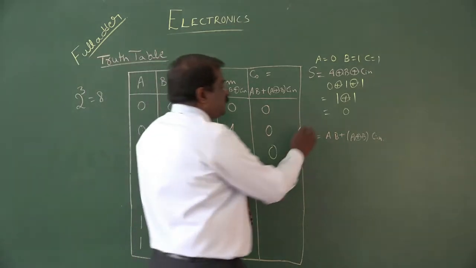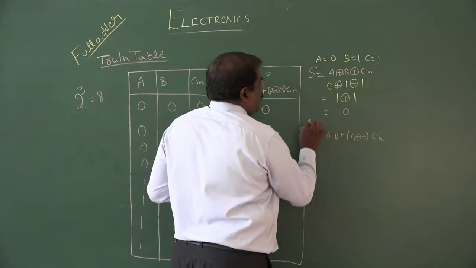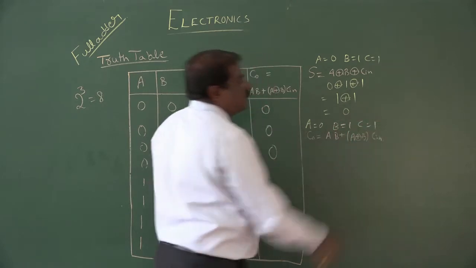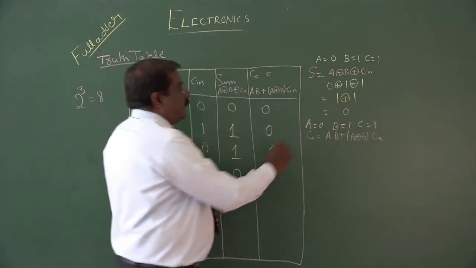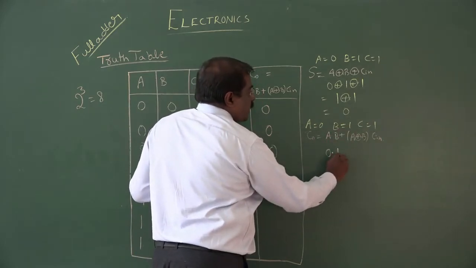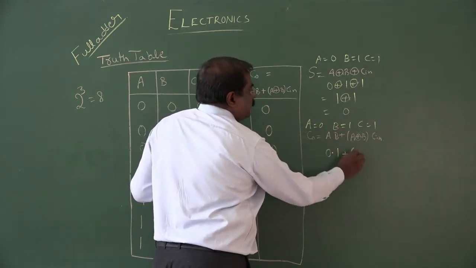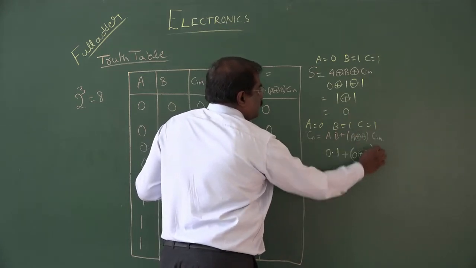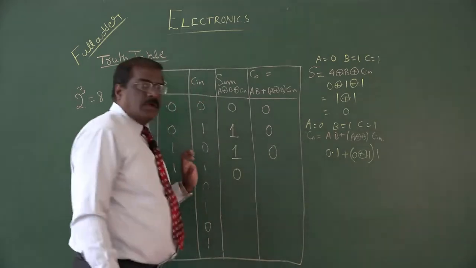So now we will discuss the same thing for the carry bit. A equals 0, B equals 1, C equals 1. Now A is 0 dot B is 1, plus 0 XOR B value is 1, C value is 1, okay.